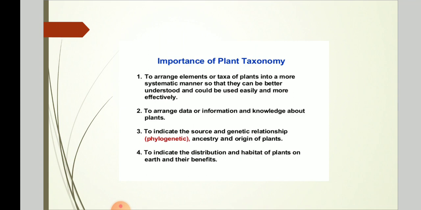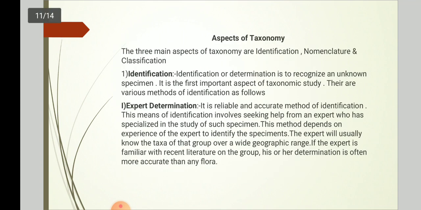To arrange data or information and knowledge about plants. To indicate the source of genetic relationship, ancestry and origin of plants. To indicate the distribution and habitat of plants on earth and their benefits.